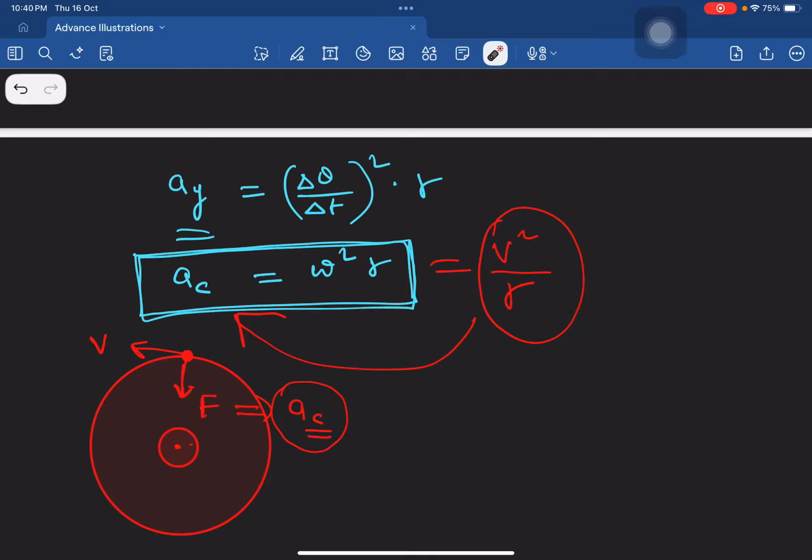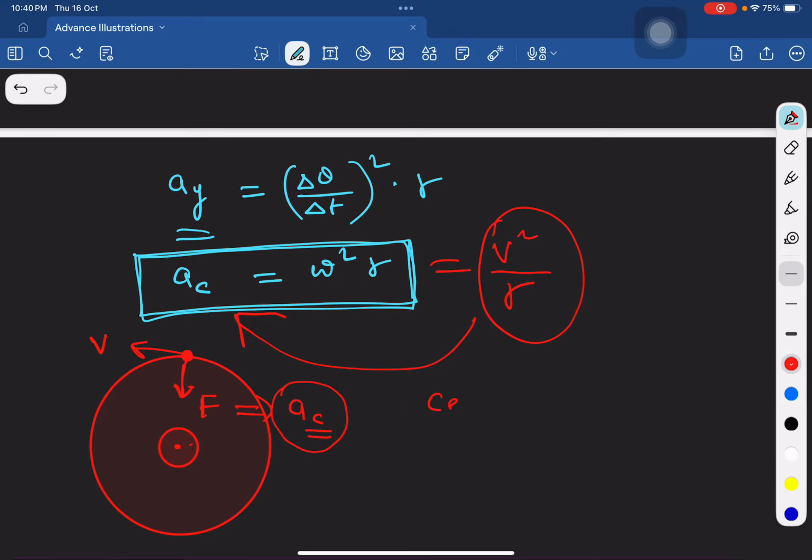So what is the meaning of the centripetal condition? The centripetal condition says that your velocity should be equal to the square root of a into r.